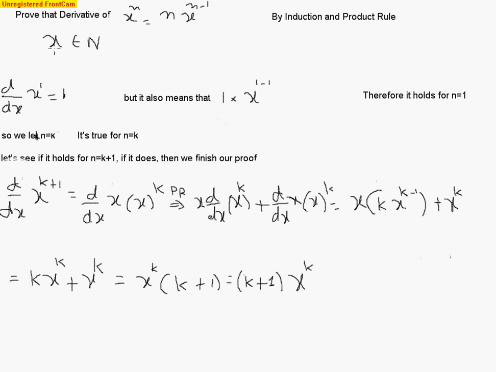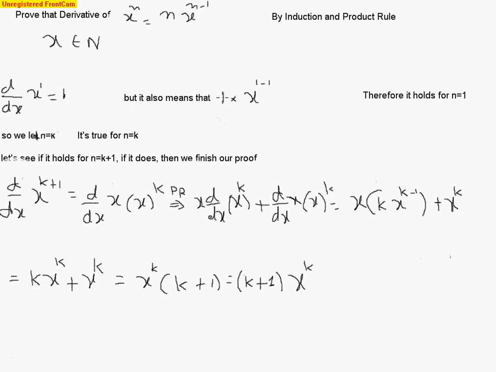And we're going to start by taking the derivative of x to the first power. If you take the derivative of x to the first power, we know that it's going to be 1. But this expression can also express the derivative of x to the first power: 1 multiplied by x to the 1 minus 1, which is the same thing as 1.